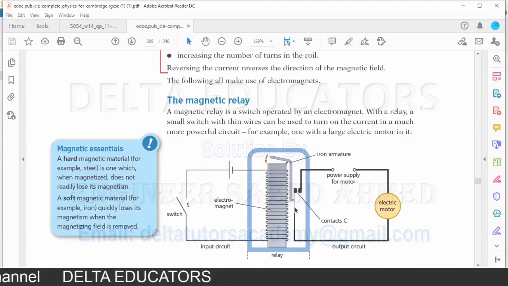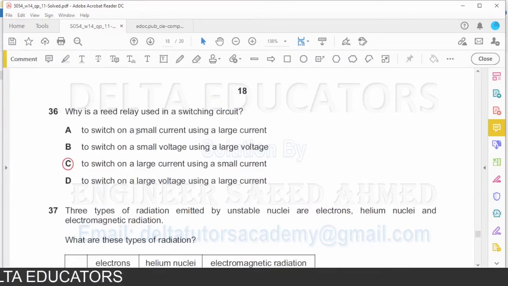The circuit will be completed, and this electrical motor will start to run. So with the help of a small current, we are switching on this electrical motor that is working on a heavy electrical current. So a reed relay is used to switch on a large current using a small current. So our correct option is option C.